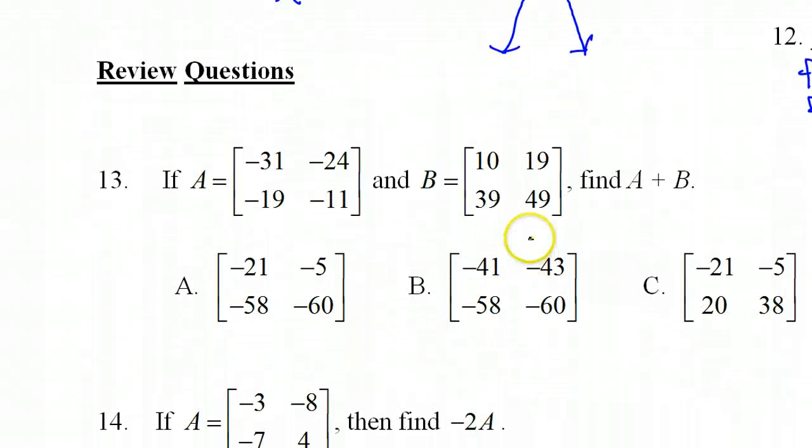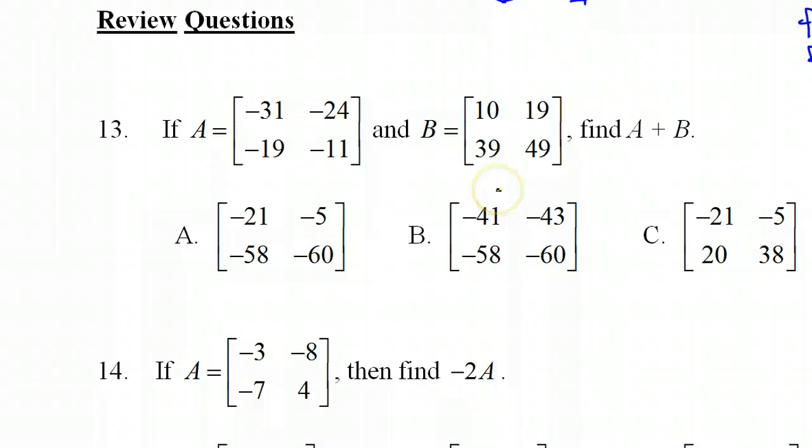Alright, on with the review questions. Find a plus b. Well, a plus b, we're just going to add these. So negative, maybe I'll just do this off to the side. Negative 31 plus 10 is negative 21.